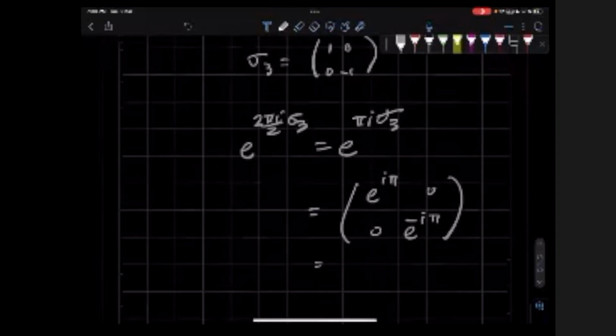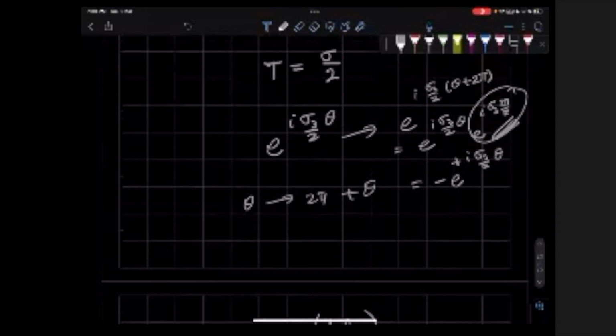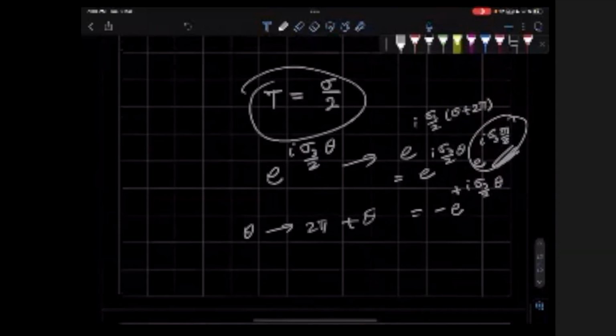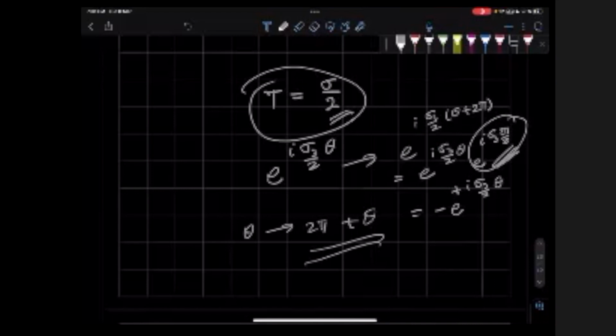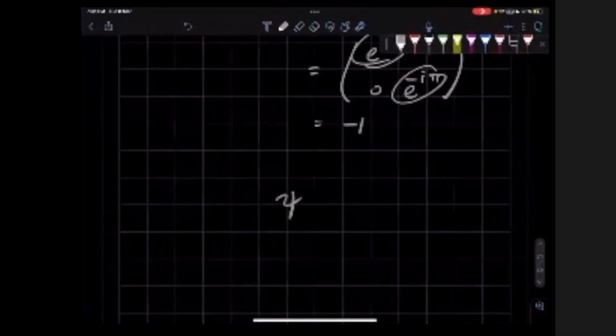But this is minus 1, this is minus 1, so this is minus 1. So we see that the significance of having this factor half in the generator means that as theta changes by 2 pi, we don't get the same state. If this is acting on some fermion psi, then if you rotate the fermion by 2 pi, we don't get back the same state, but we get back the state times minus 1.